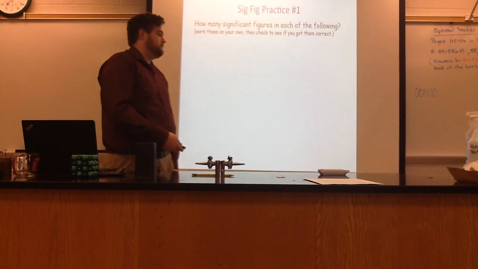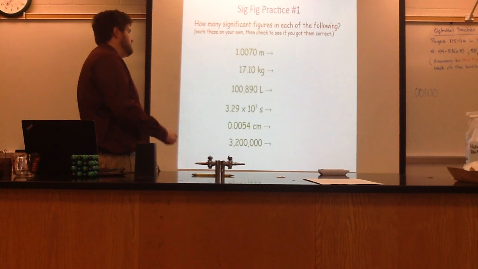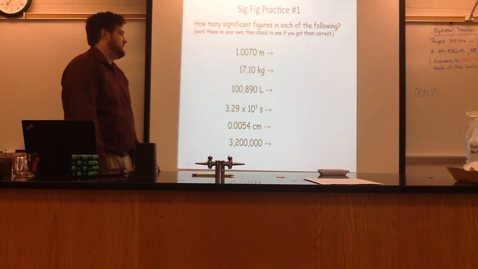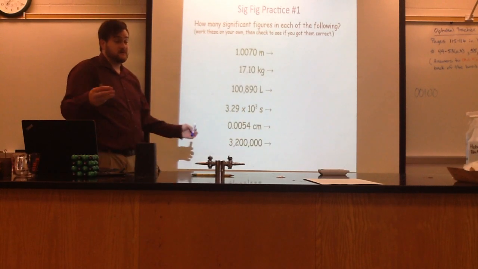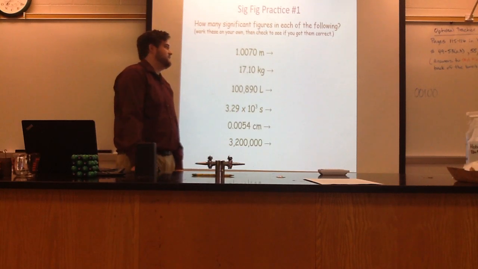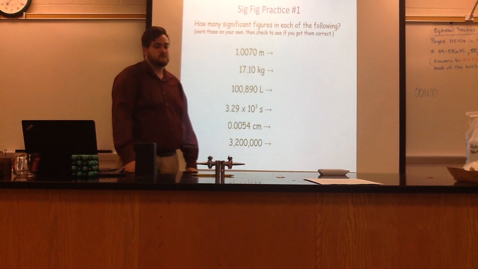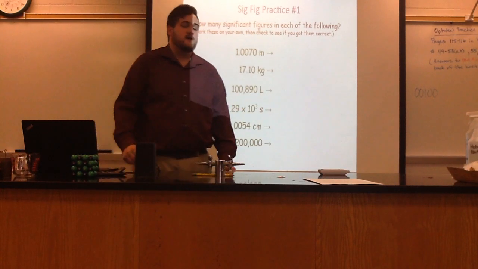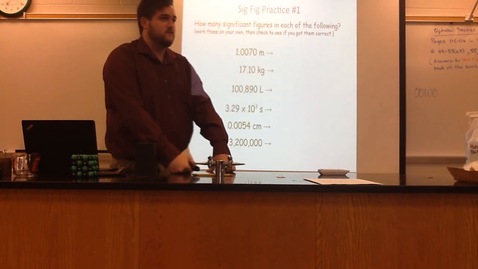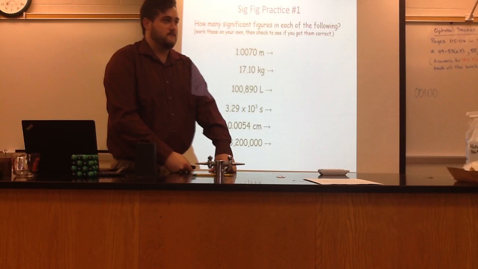So we're going to start, and you're going to want to do this on your own time. We've got a couple different numbers here, and I want you to find the number of significant figures in each of these numbers. I would like you to practice that at home. If you want, pause the video, do it, and then come back, and we can go through these very quickly together.